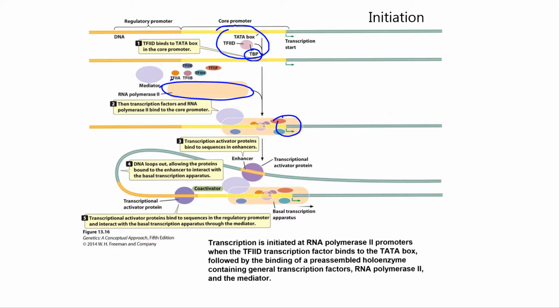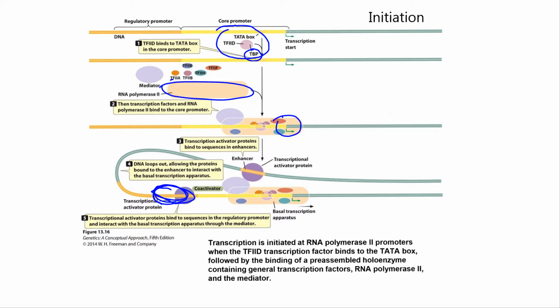We do need transcription factors which bind to regulatory promoters. These transcription factors, through the mediator and co-activators, interact with the basal transcription apparatus and speed up and enhance transcription. The same applies to enhancers.